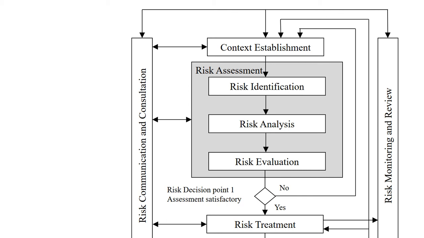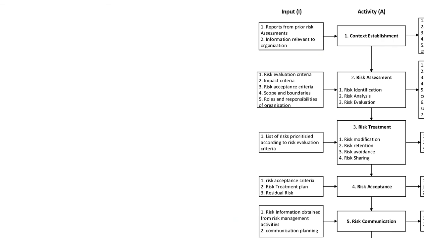For example, what's happening inside context establishment, or inside risk analysis. That's why I was thinking that if we have a more elaborate illustration of the framework, it will help us more to understand it or to apply it to our project, right?